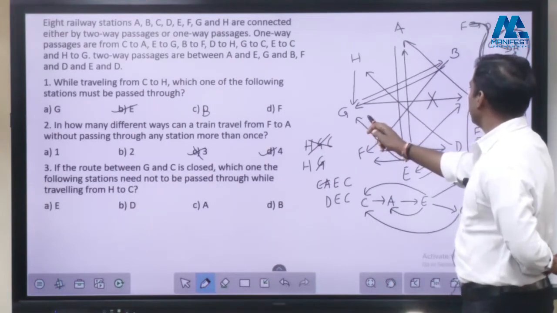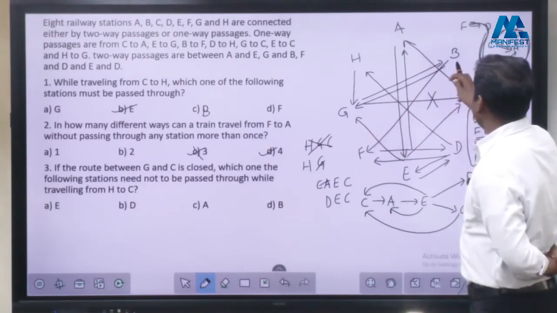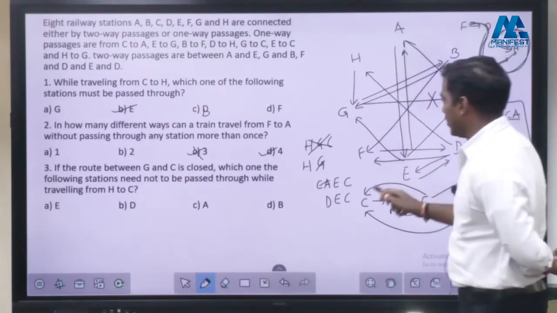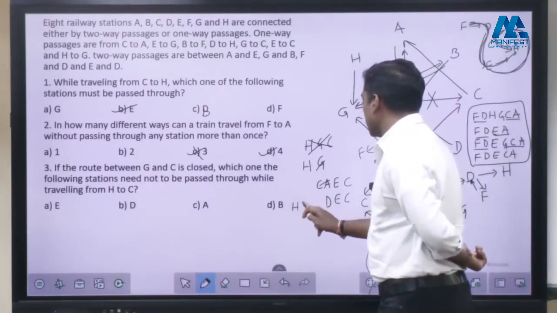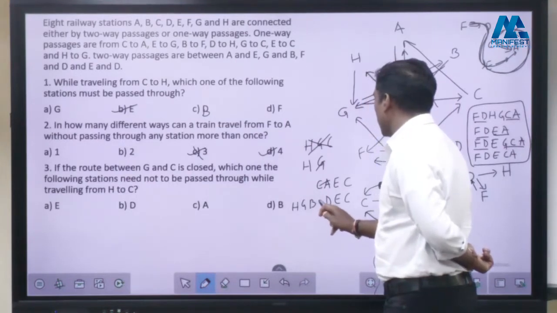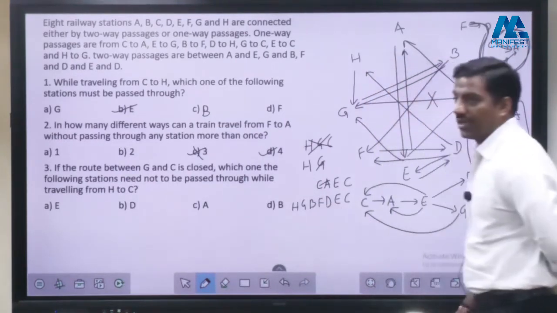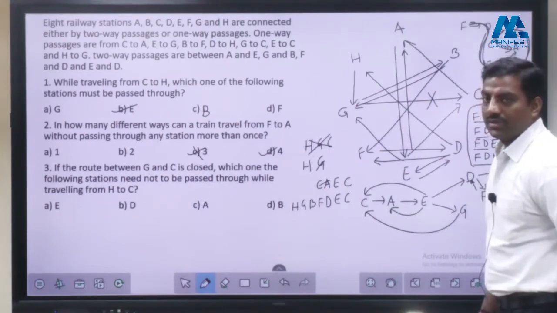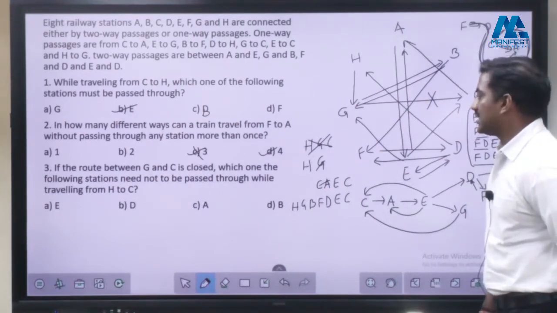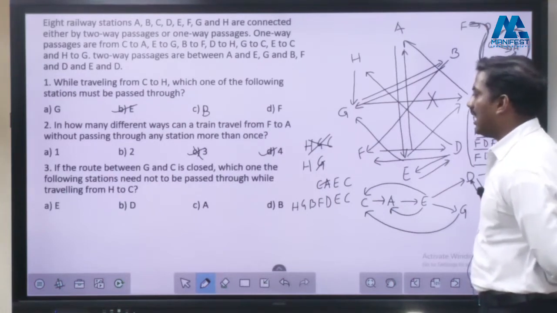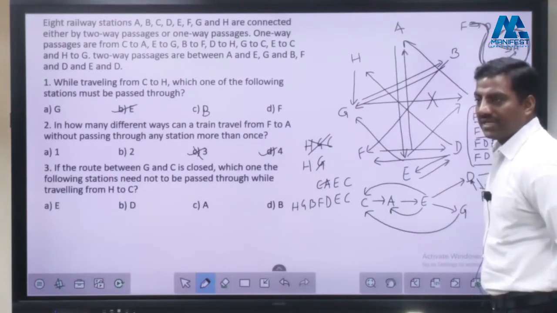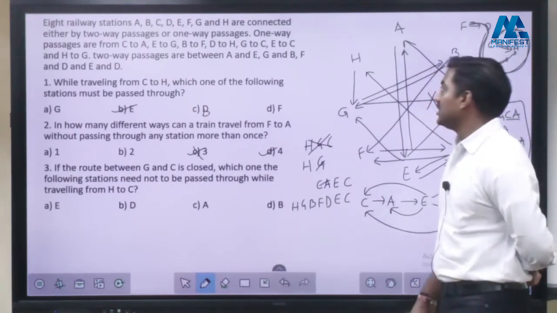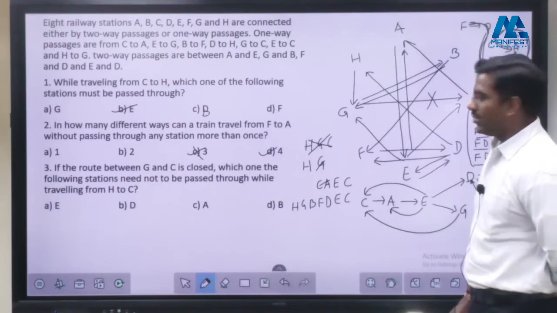H to G, G to B, B to F, F to D. So H, G, B, F, D. Correct? Is there any other possibility? Okay. Then they are asking which station need not be passed? A. A need not be passed, right? All other stations we are crossing. 7 stations. Only one station we are leaving. Which one is that? A.